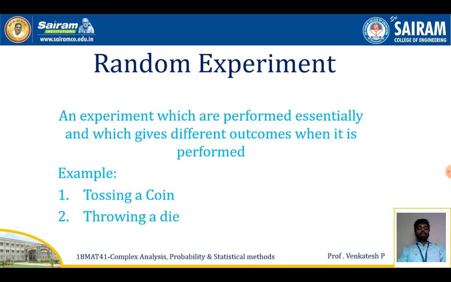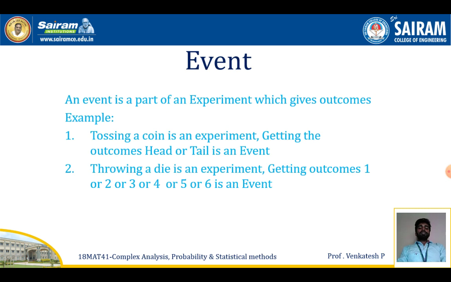Similarly, throwing a die. While throwing a die, we may get the outcomes like 1 or 2 or 3 or 4 or 5 or 6. So here throwing a die is a random experiment. Similarly, from a pack of 52 cards, drawing any two cards is an example of a random experiment.